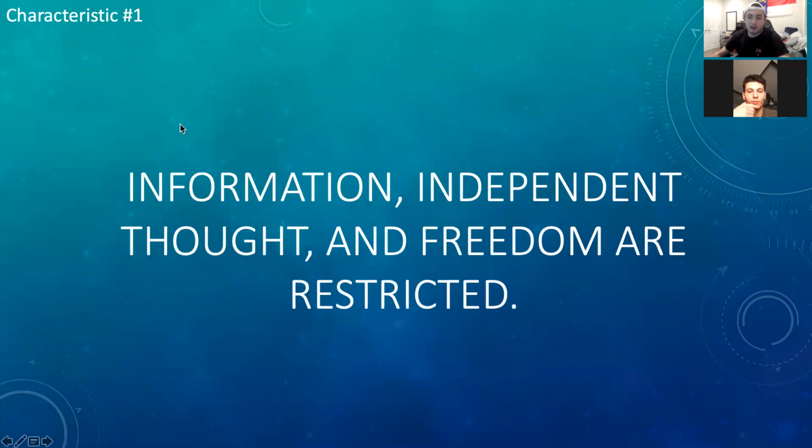So the first characteristic of a dystopian society that we're going to talk about is information, independent thought, and freedom are restricted. So just to start off, this basically goes in order from the timeline of the movie. The first example that I have is that Detective Spooner is, for at least the good part of the film, the only person to think freely about the situation involving Dr. Lanning and Sonny.